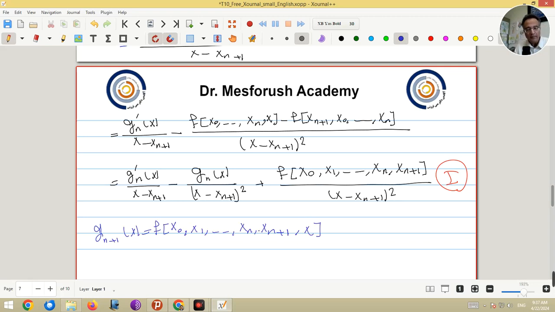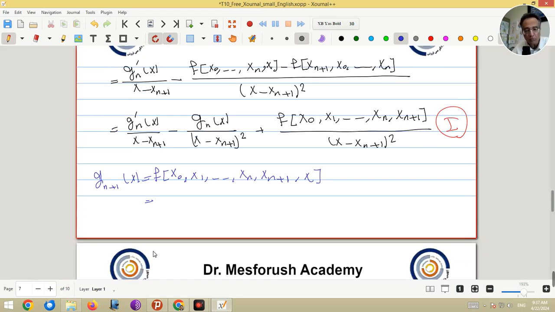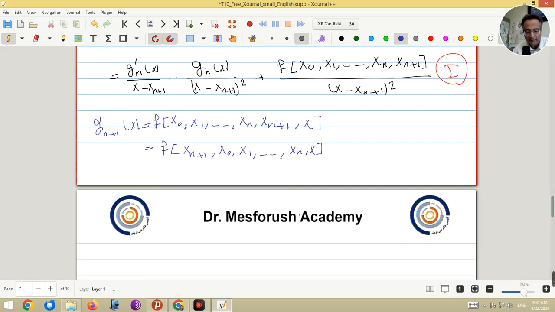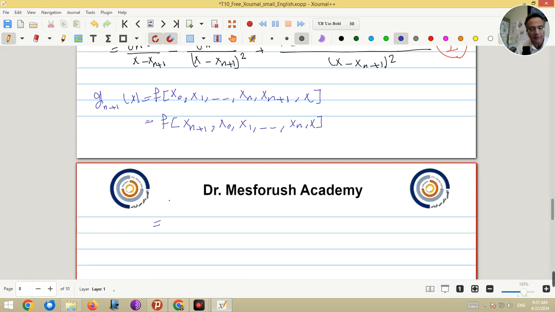Okay, now let me move xn+1 from here to the first, so I can get f[xn+1, x0, x1 to xn, x], and let me write it in divided difference format.